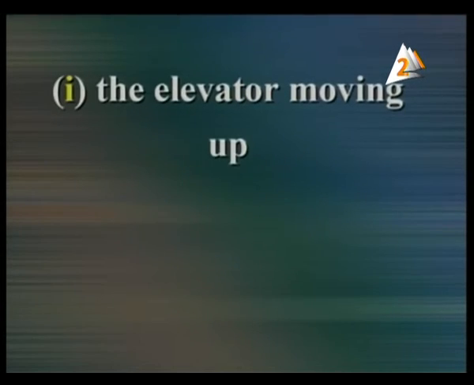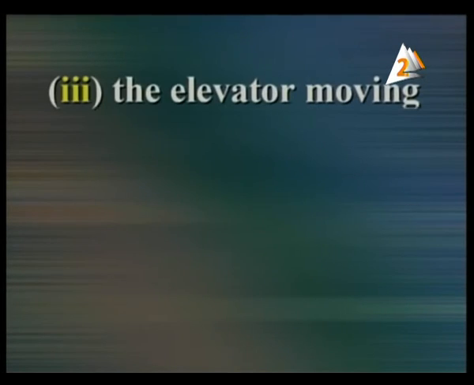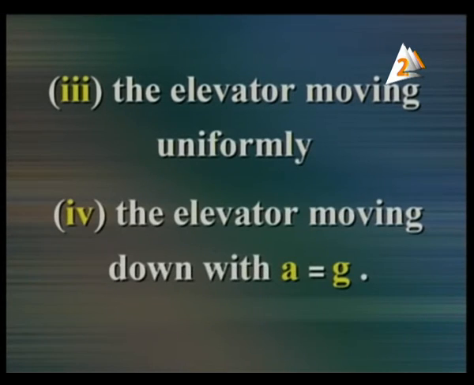Number 1, the elevator is moving upward. Number 2, the elevator is moving downward. Number 3, the elevator is moving uniformly. Number 4, the elevator is moving down with A equals G, the gravity.